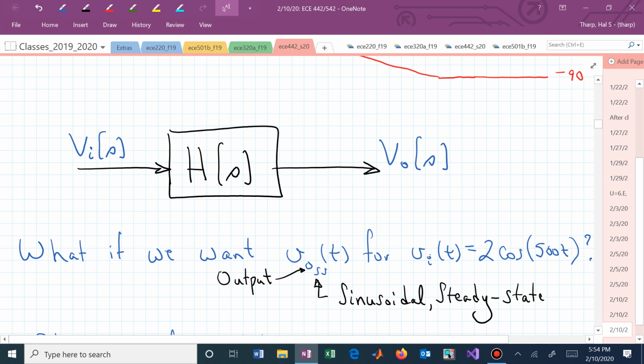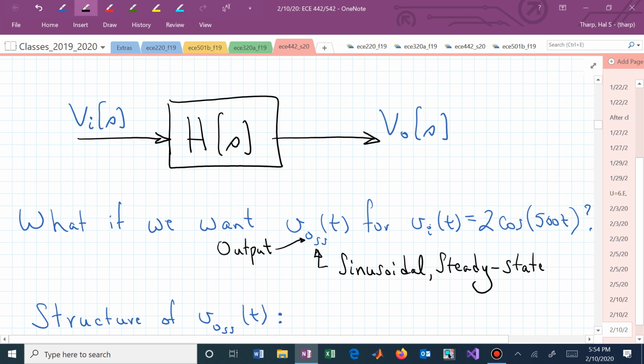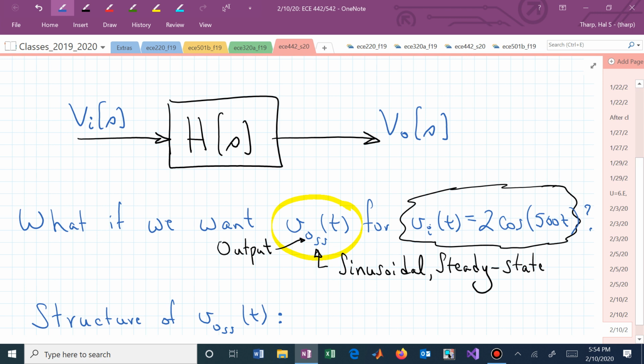And we want to know, we've put in this input, what's going to be our output in the sinusoidal steady state, which means we're going to wait until all the transients have decayed and just say, okay, you're shaking. How are you shaking? All the transients have disappeared.